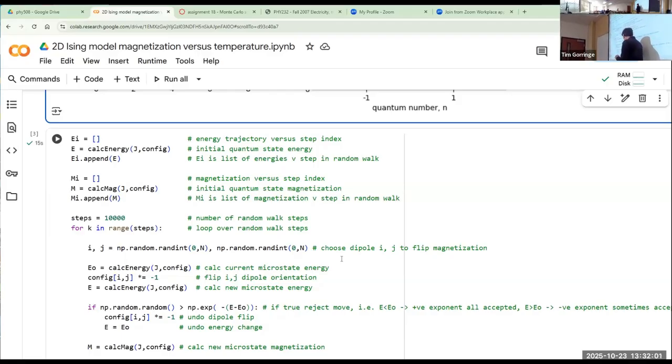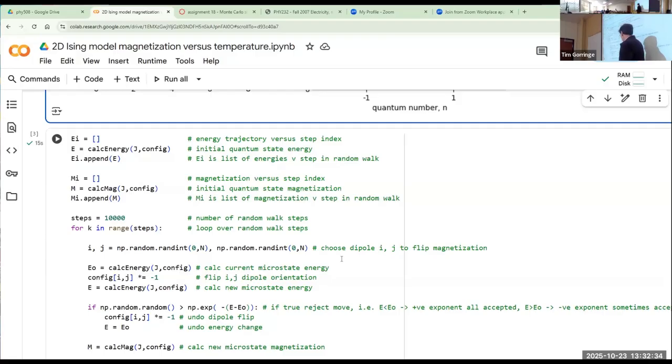That means that this exponent here is a positive quantity, which means that a random number from 0 to 1 will never be bigger than this e to the positive number, right? So you would never fail if the energy of the new state is lower than the energy of the old state. You'll never fail, and so we never undo it.